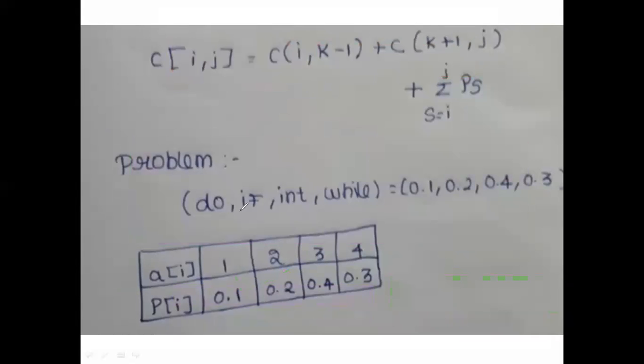So this is the formula, this is the problem. For that problem, we write the probabilities one by one: 0.1, 0.2, 0.3, 0.4. We assign this as 1, this as 2, this is 3, this is 4.